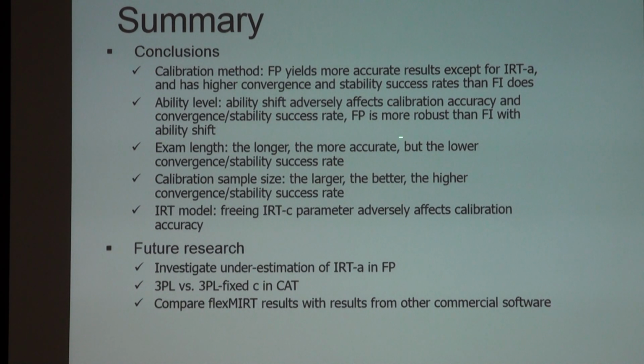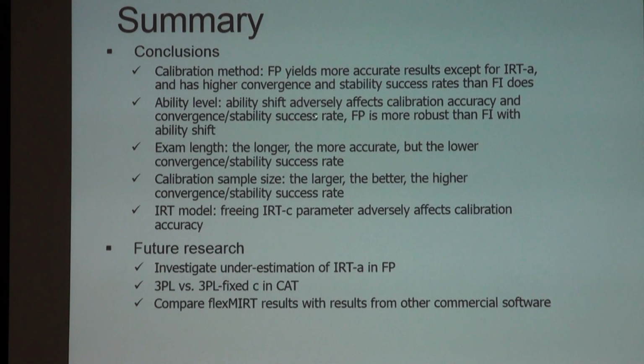For some reason, the fixed person parameter calibration methods tend to underestimate the LLTA parameter, even when we use the true theta in the calibration. But given that the overall performance of fixed person is better than the fixed item parameter calibration method, we should further investigate the causes and try to identify an effective way to correct this tendency.